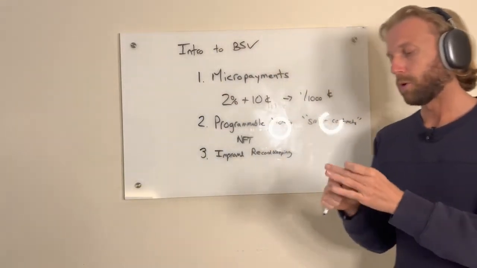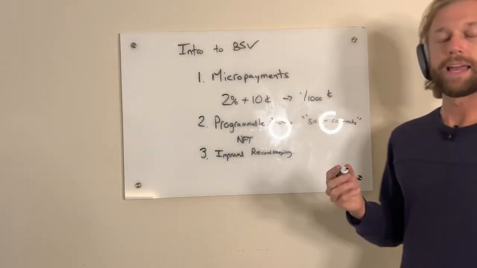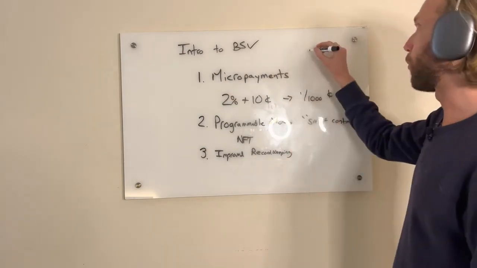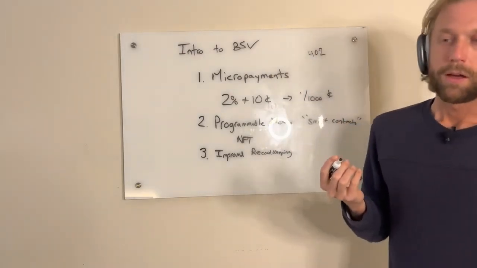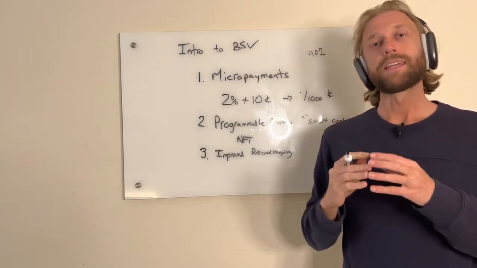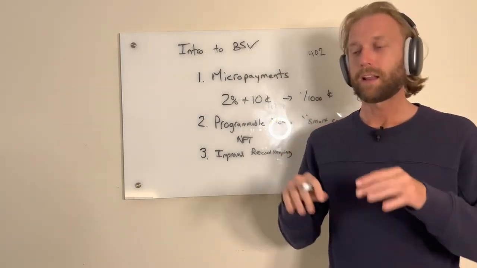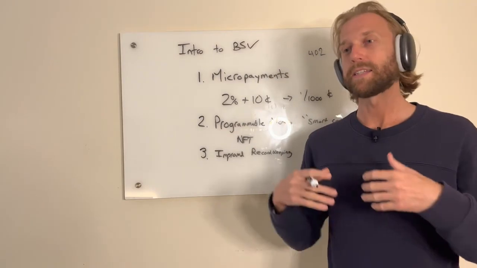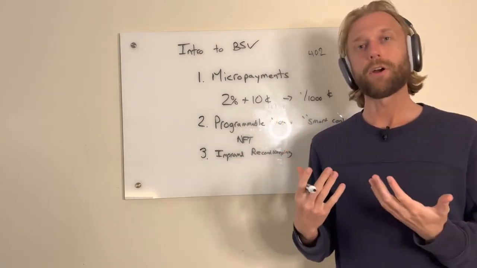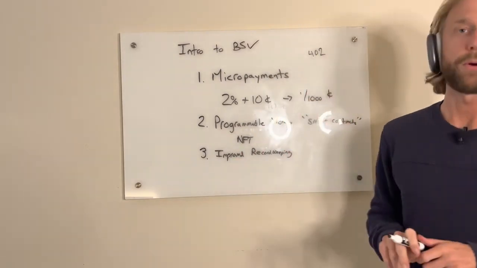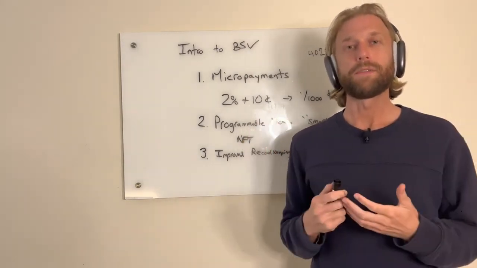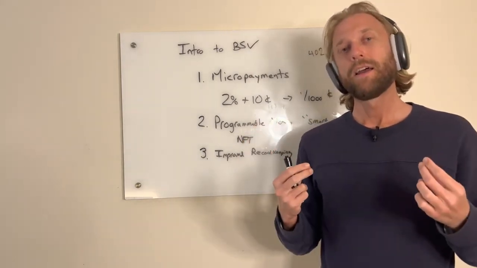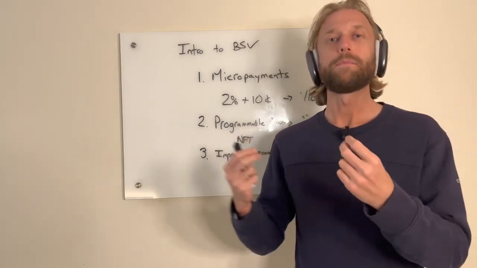Now, if you look on the internet, you just search for error code 402, it'll be an error code that says payment required. It's kind of like when you go to use a server and it says can't connect to server and you get an error code. Well, this one says payment required. And the early creators of the internet had this idea that there'd be payments on the web somehow.